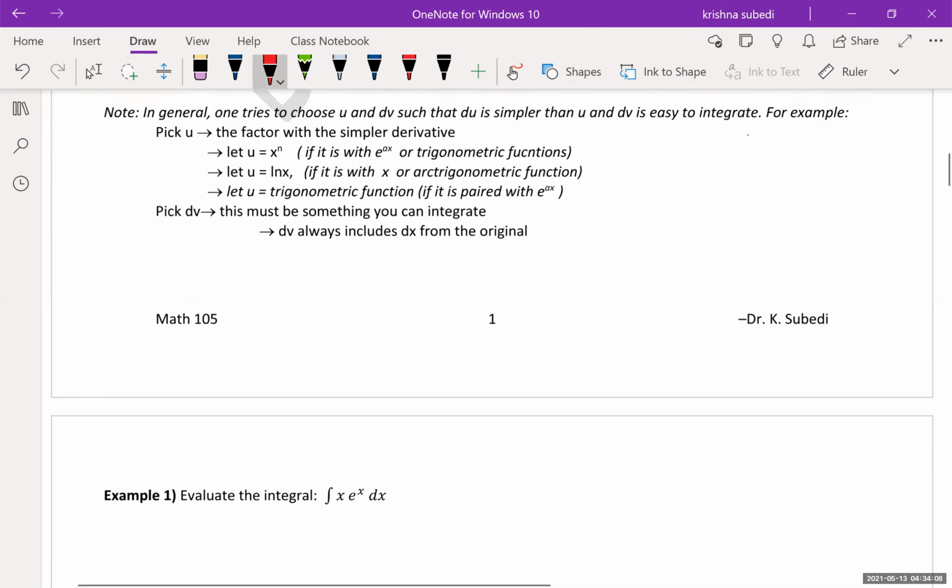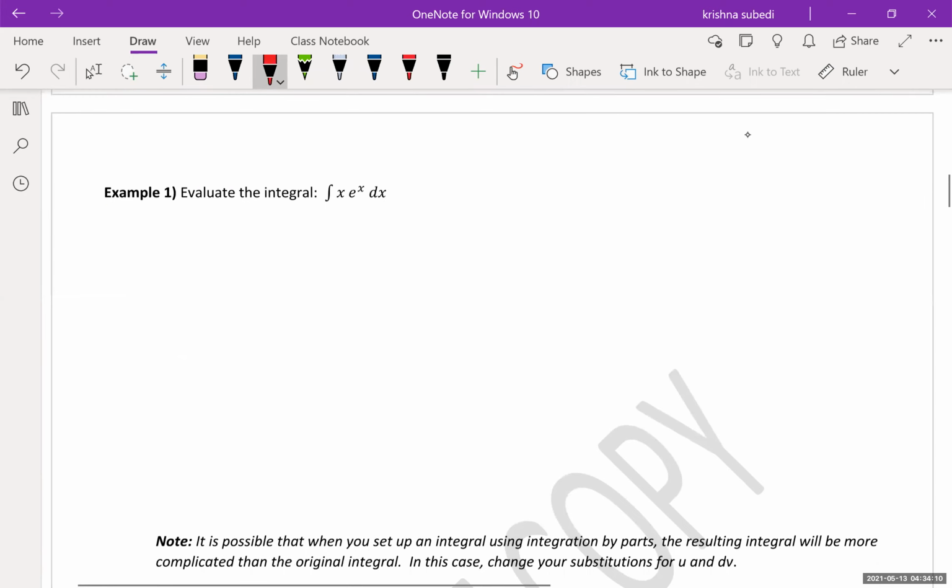Let's look at example 1. Remember, I told you that the correct choice of u and dv is extremely important, and we'll see that in a minute. To use IBP, remember there are two functions given.